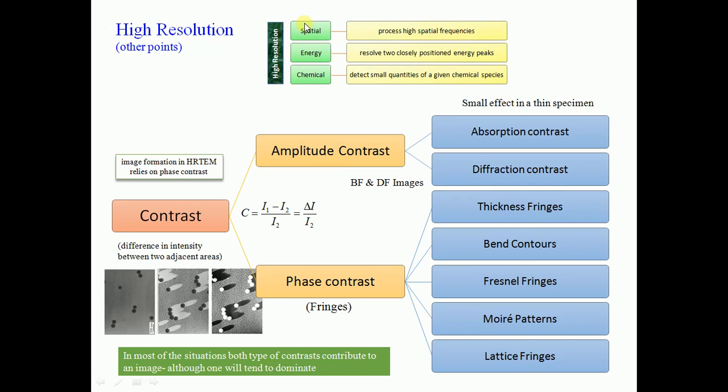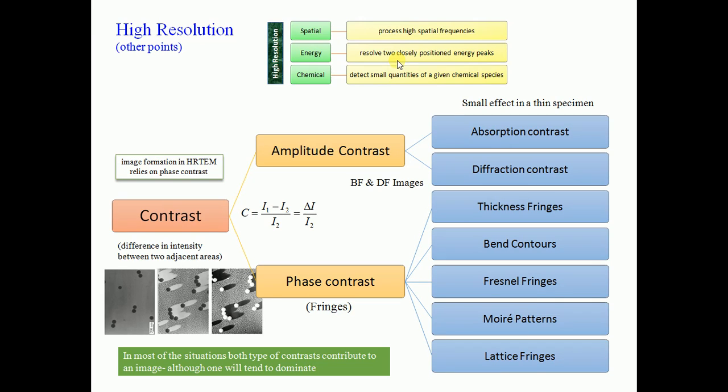Spatial means high spatial frequencies. In the time domain, 1 upon t is frequency. In the space domain, 1 upon x is a frequency. So with the Fourier transform, the time or the spatial parameter is converted into a frequency parameter.